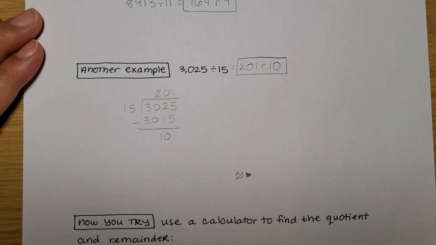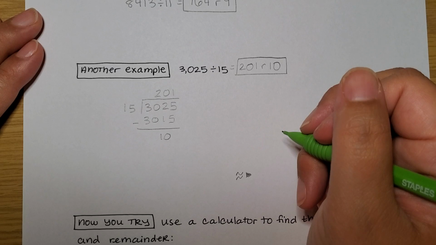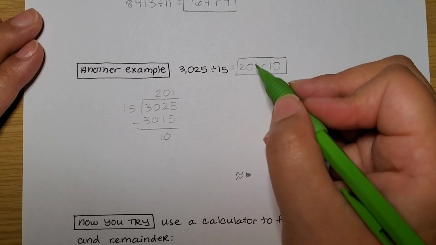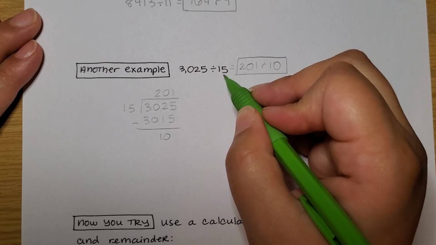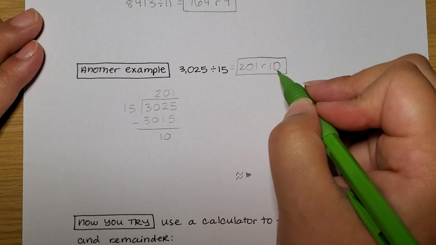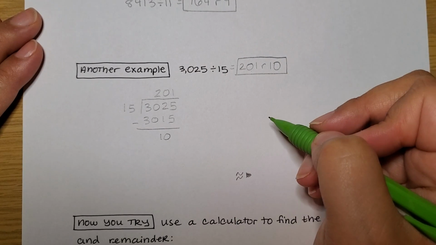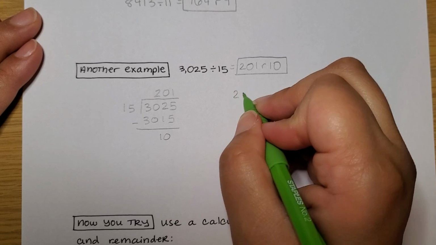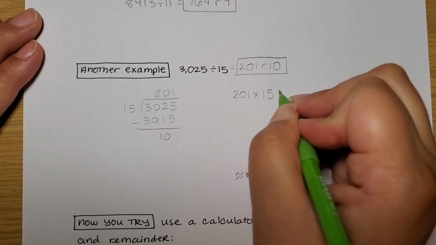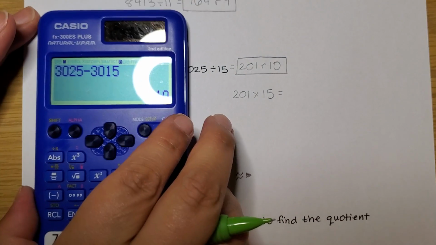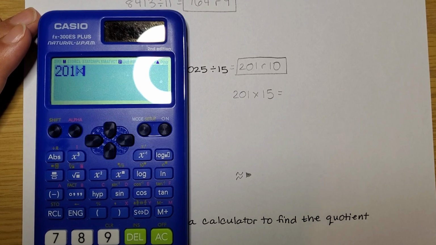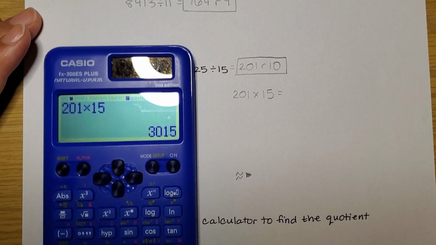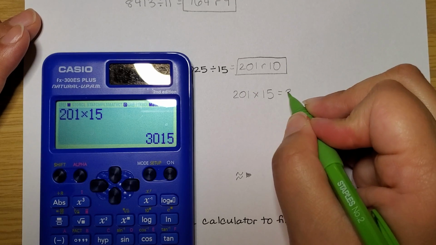Let's check our answer on this one just to practice the checking technique. So remember to check, you multiply the quotient by the divisor, add the remainder, and you should get the dividend. So 201 times 15 is going to give me 3,015.